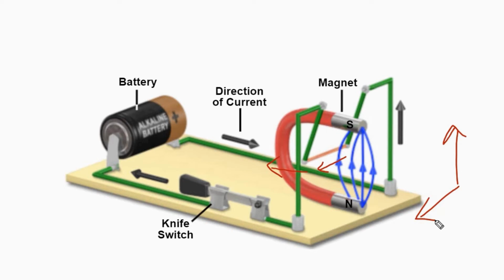This is another example to show that a current carrying conductor will give us mechanical energy. A current carrying conductor kept in a magnetic field experiences mechanical force. To easily find the direction of mechanical force, we can make a simple rule, which is also called the left hand rule or Fleming's left hand rule.